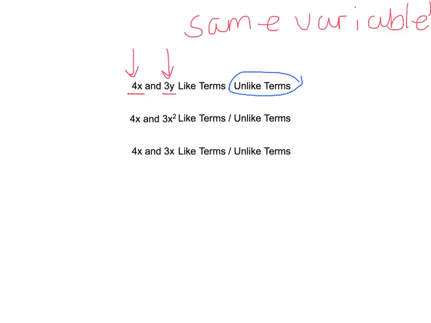Let's look at the second example. The second example, we have 4x and 3x squared. They both have a number in front of the variable called the coefficient.